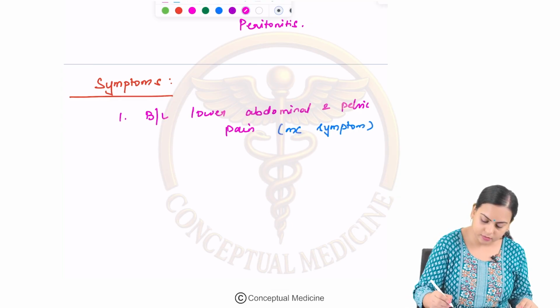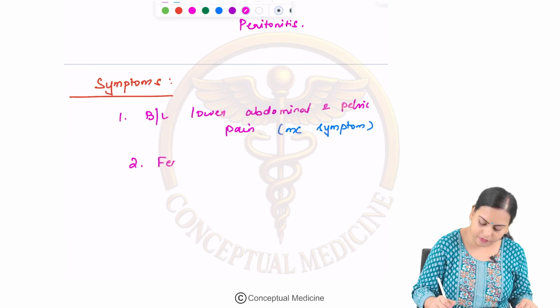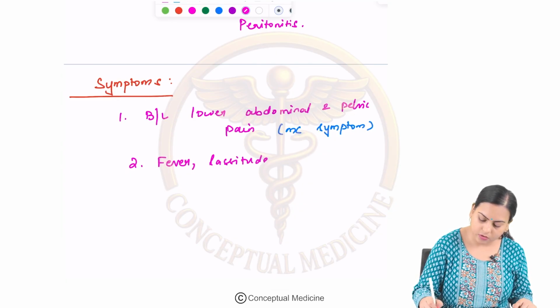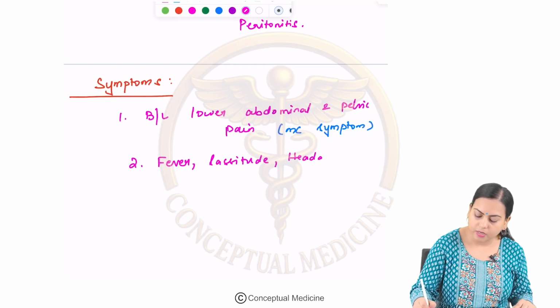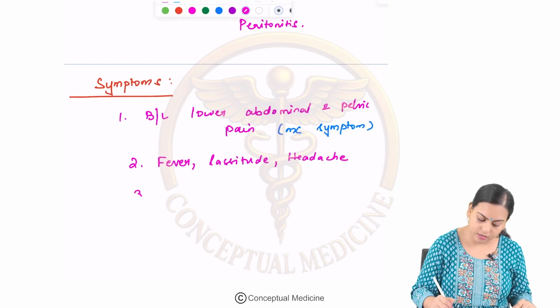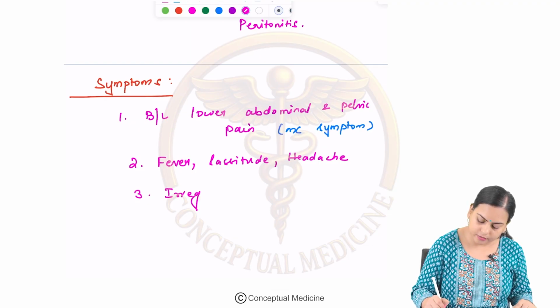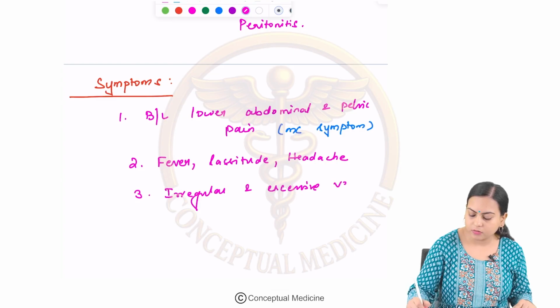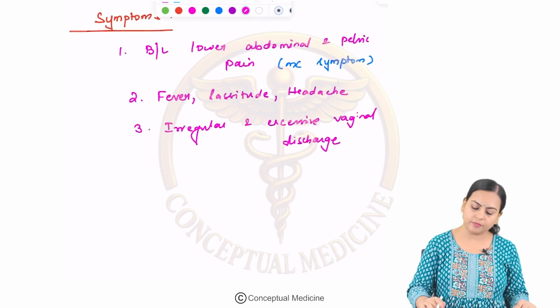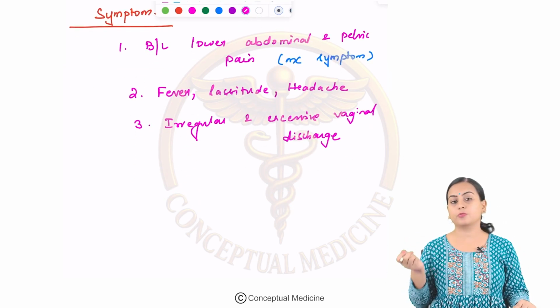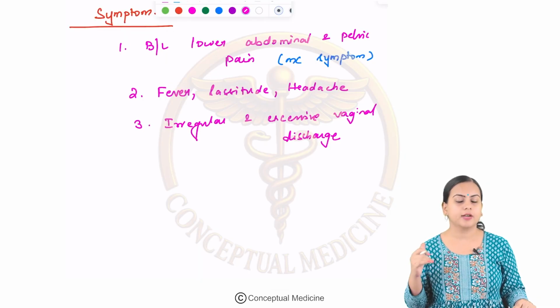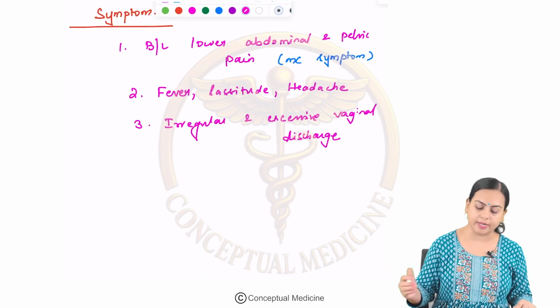Then there can be fever, lassitude or headache, irregular and excessive vaginal discharge, as I have discussed in the criteria. Okay, so that can be purulent or watery. Purulent means it is gonorrhea and watery means you have to suspect chlamydia.